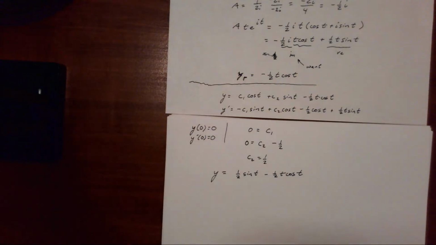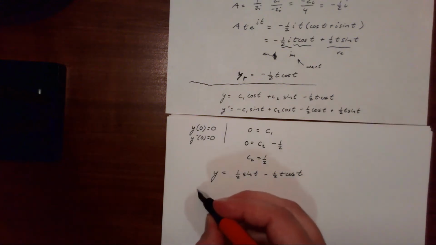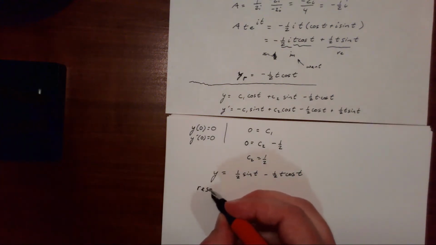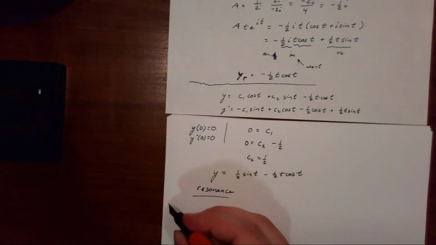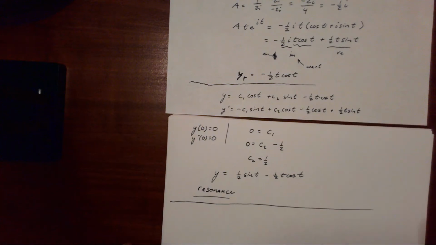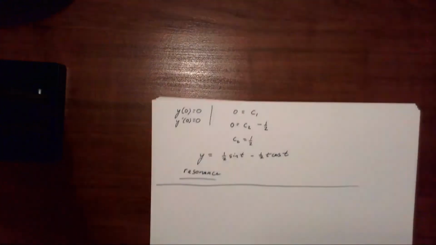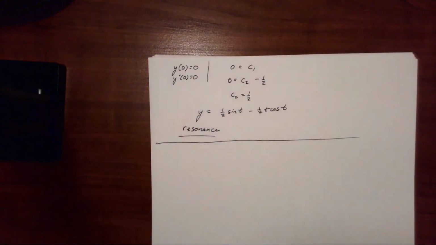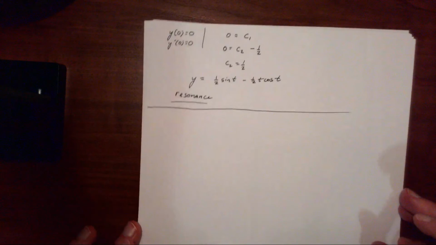Okay. This has resonance. And we'll see what that looks like. We'll see a graph of it just in a moment. Well, not just a graph of it, but even an animation of it. All right, so that's one. Let's try another one.